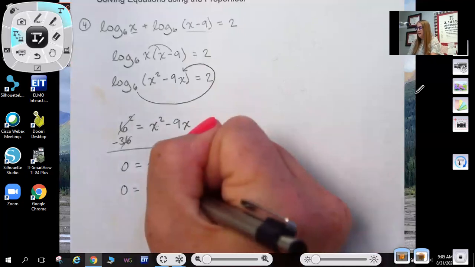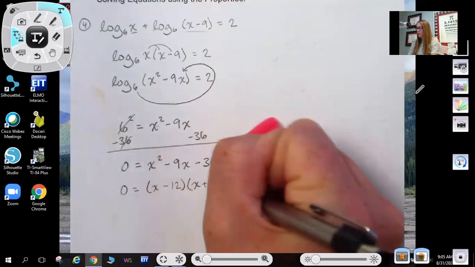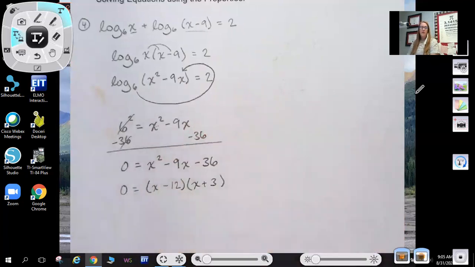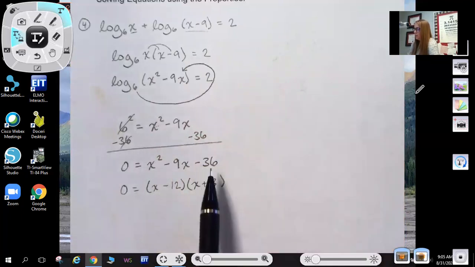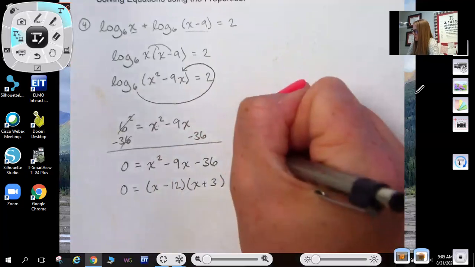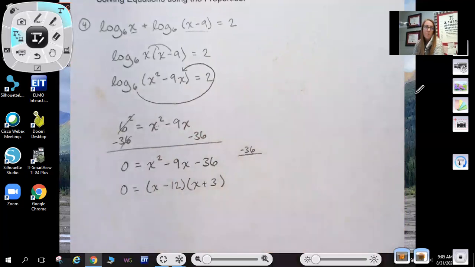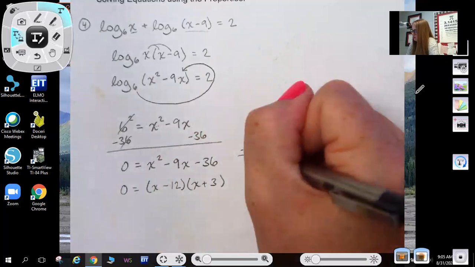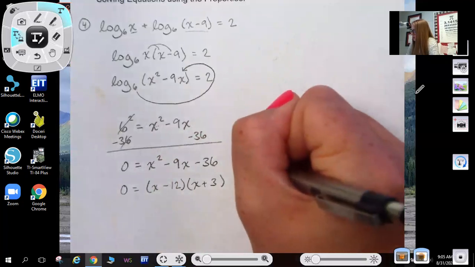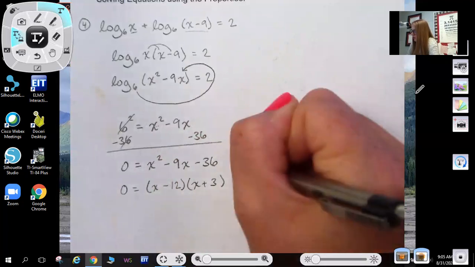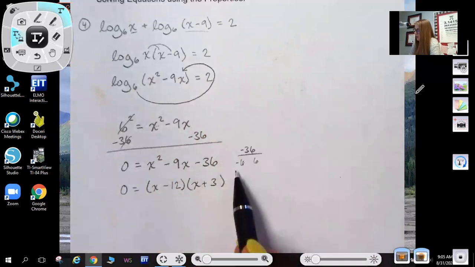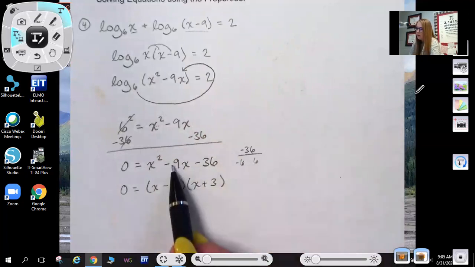Negative 12, positive 3. If you struggle with this part, what I like to do is take the number that we're trying to multiply to get, which is negative 36, and list out my factors. So 6 and 6 comes to mind first. One of them would have to be negative, but if you add these together, you don't get negative 9, you get 0.